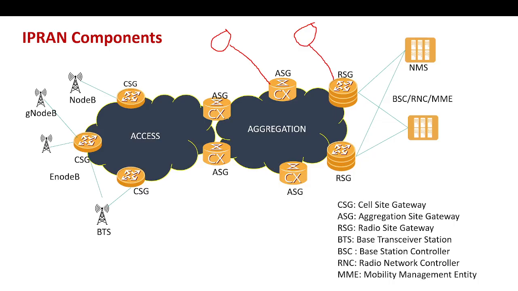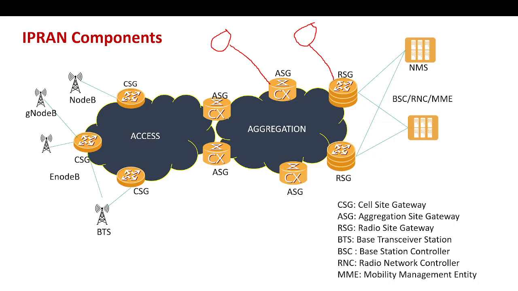Because you mentioned the cost: the RSGs are always big routers with high processing power, and they're expensive. So you can't afford to have RSGs in all locations, and you can use low-end devices as your aggregation devices.